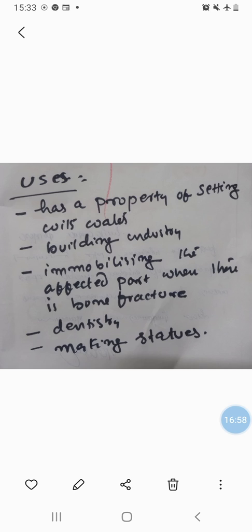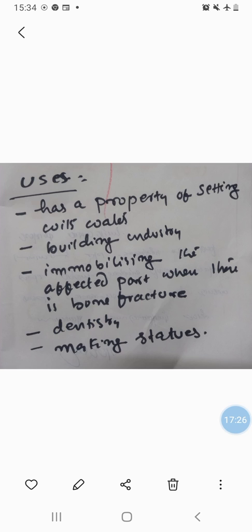Now uses of plaster of Paris, it has a property of setting with the water. If you add water to plaster of Paris, it will undergo setting. Therefore, it is used in the making of statues. This property is used in the making of statues, and it is used in building materials, building industry. It is used as a building material.